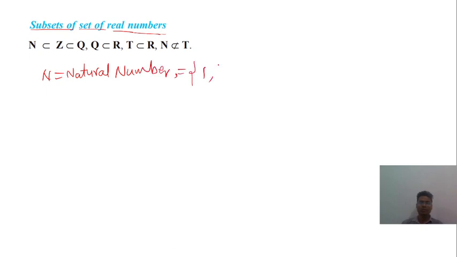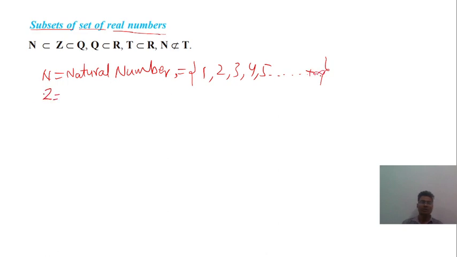Got my point? Okay, now I will explain subsets of real numbers. I will briefly tell you all the symbol names here. N means natural numbers, and what are natural numbers? Natural numbers are 1, 2, 3, 4, 5, up to positive infinity.